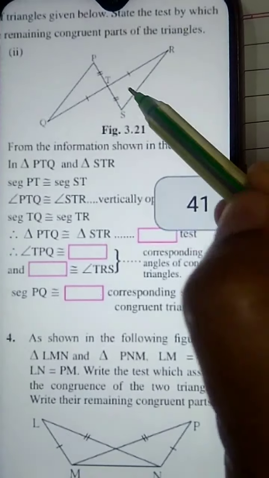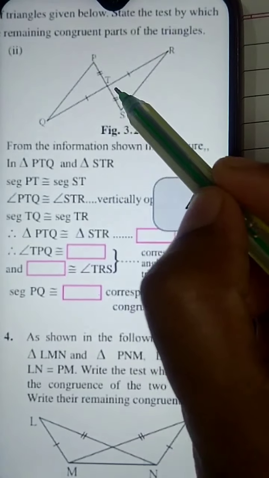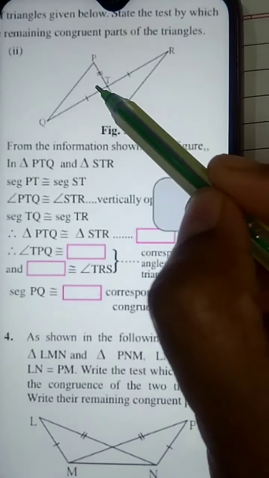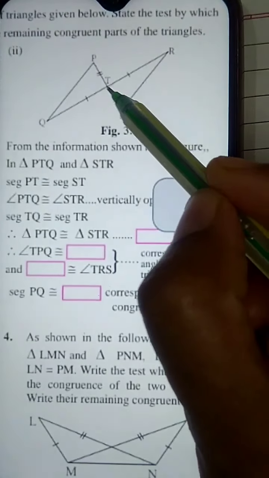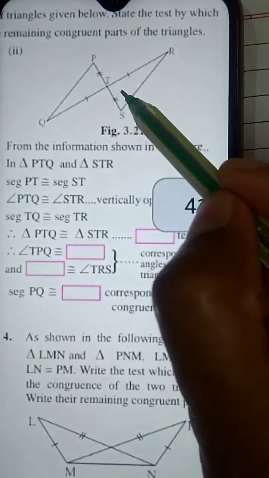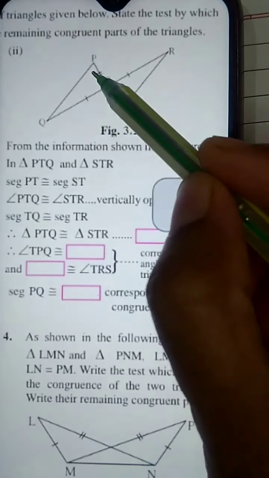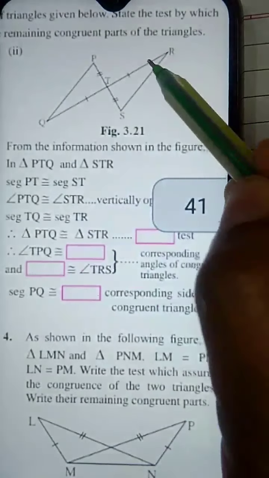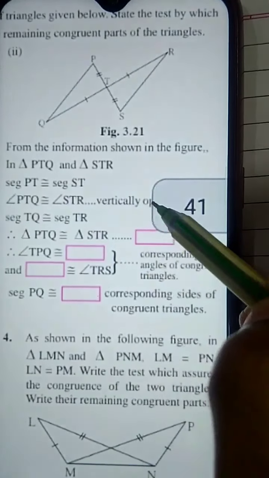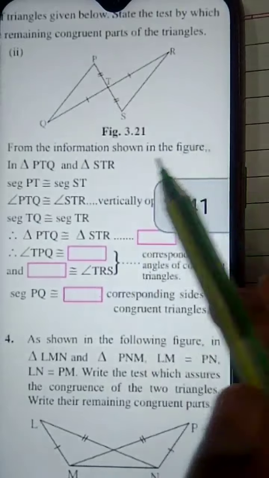Then vertically opposite angles: no need for them to mark it, we can guess it. Every pair of vertically opposite angles is congruent. Remember, angle PTQ and angle STR are congruent, being vertically opposite angles.